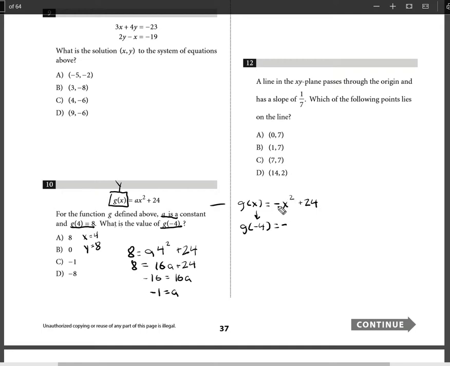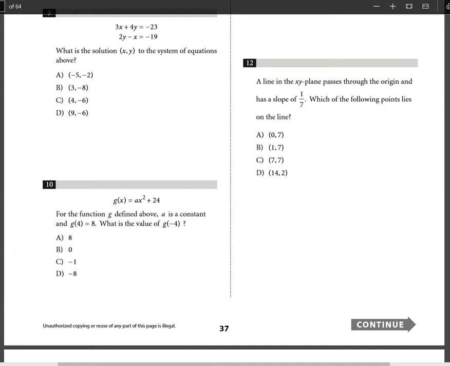That is not getting squared. That's a negative 4 squared plus 24. Negative 4 squared gives you 16. Then apply the negative sign on the outside, which will give you a negative 16, plus 24. That gives you 8. So g of negative 4 is equal to 8.